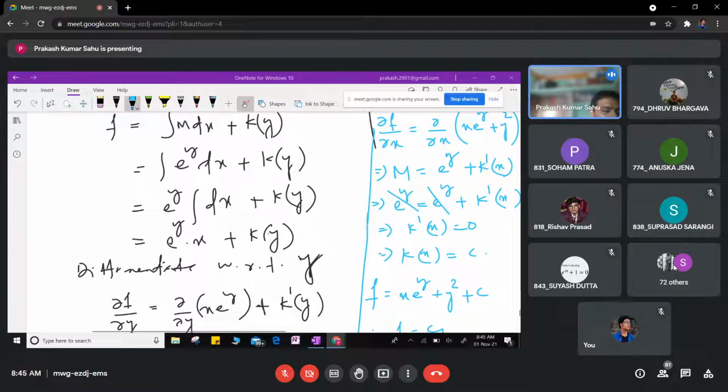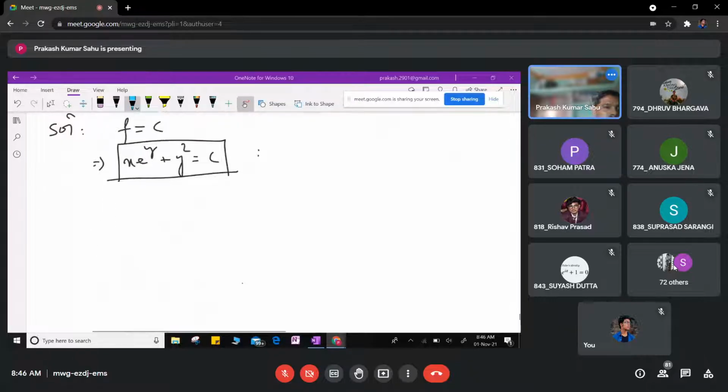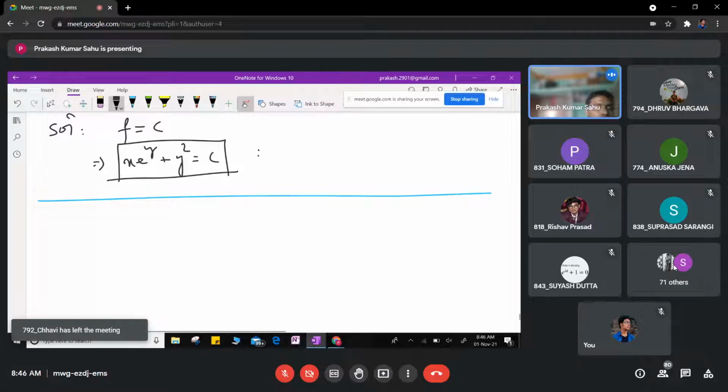So when we find the f, this term is only k of y. The constant term is only a function of y. Let us see another problem you do, because from this we can find a shortcut way to find the solution of the exact differential equation.